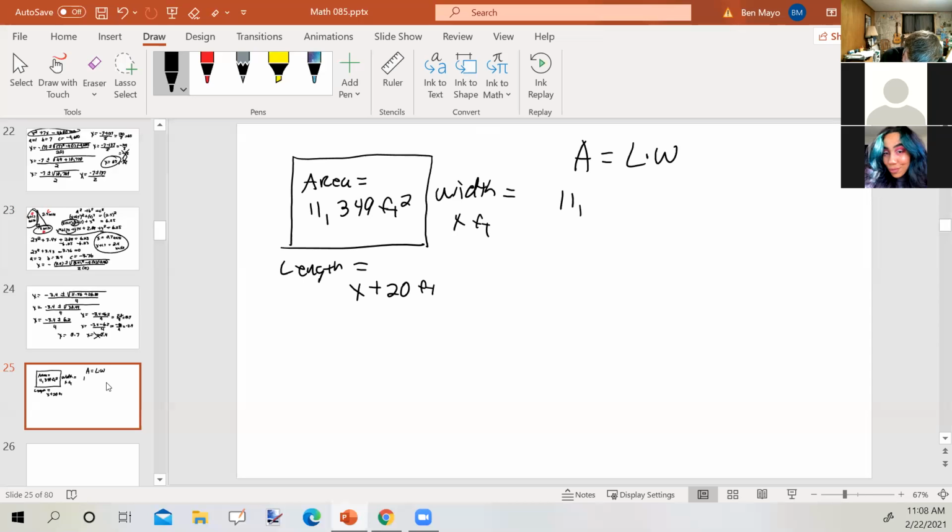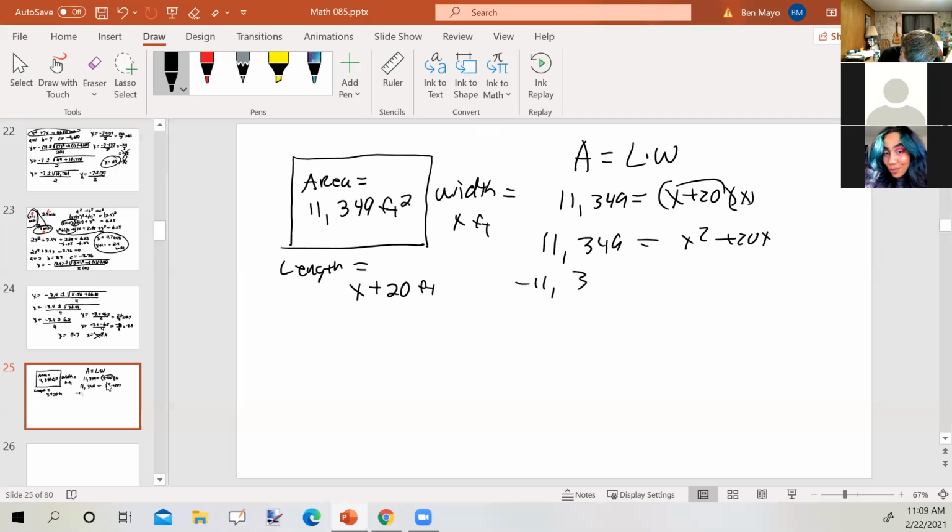So the area, 11,349, equals the length, x plus 20, times the width, which is x. Any questions how I got that? Okay. So then 11,349 equals x squared plus 20x.